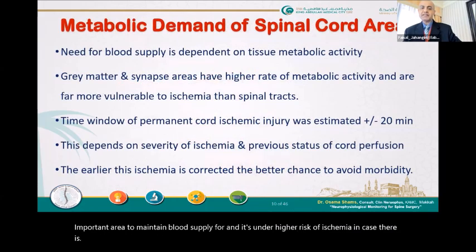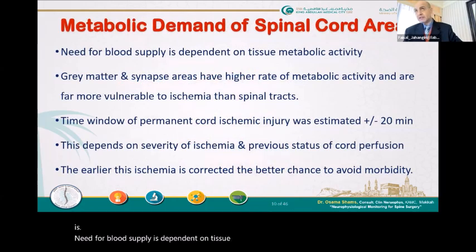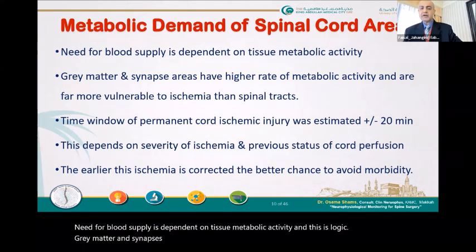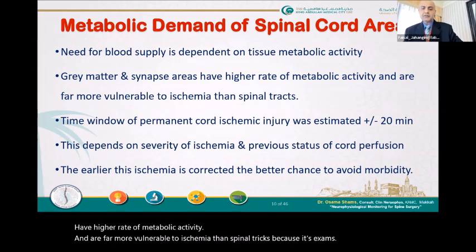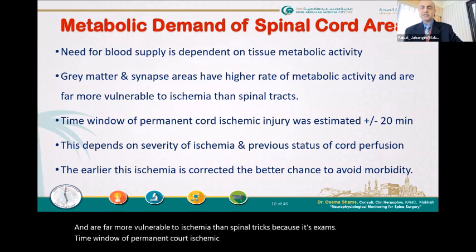Need for blood supply is dependent on tissue metabolic activity, and this is logical. Gray matter and synapses have a higher rate of metabolic activity and are far more vulnerable to ischemia than spinal tracts, because those are axons. The time window of permanent cord ischemic injury was estimated to be plus minus 20 minutes.